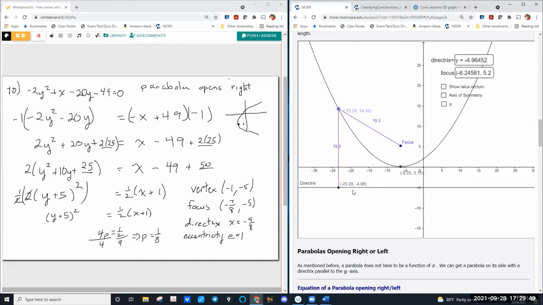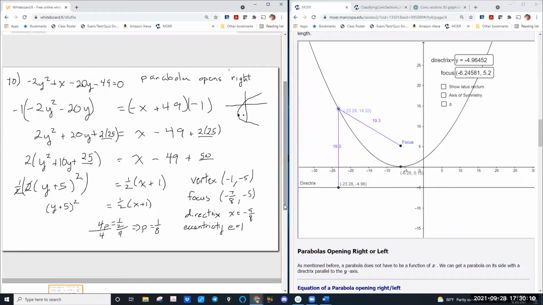And so when we're going to do a hyperbola next, we'll explore how the eccentricity changes as we change a hyperbola. But the eccentricity gives us some information about how curved a hyperbola or an ellipse is. So an eccentricity doesn't give us information about a parabola or a circle.